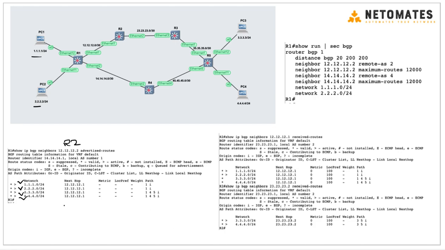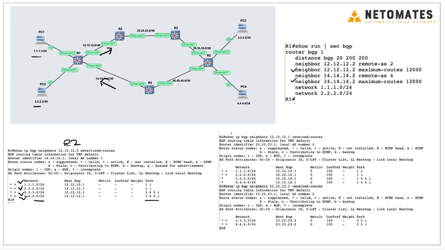R1 learned about these routes from R4, and it is advertising these routes as well to R2. We didn't give any network command, but as these routes are learned by the BGP process, it also starts advertising them to its other neighbors. So R1 received these routes from R4 and it is advertising them to R2.